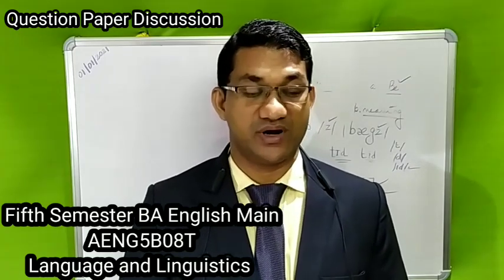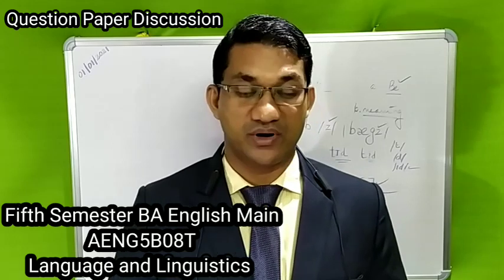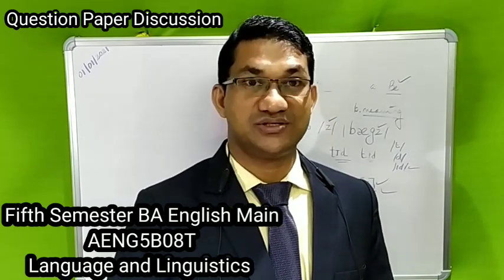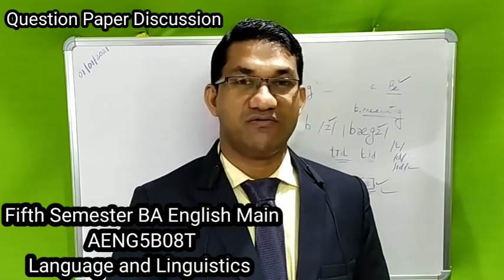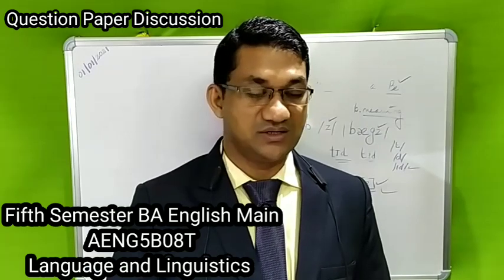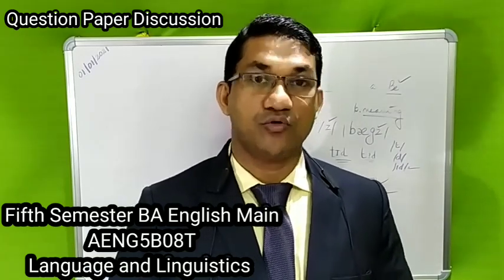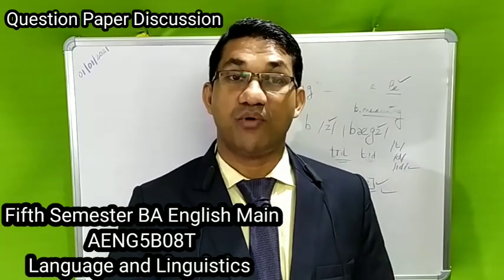Descriptive and prescriptive grammar. Descriptive grammar is modern grammar, which is use oriented. The purpose of language is to communicate, and such a broad outlook of the grammarians is descriptive grammar, modern grammar.